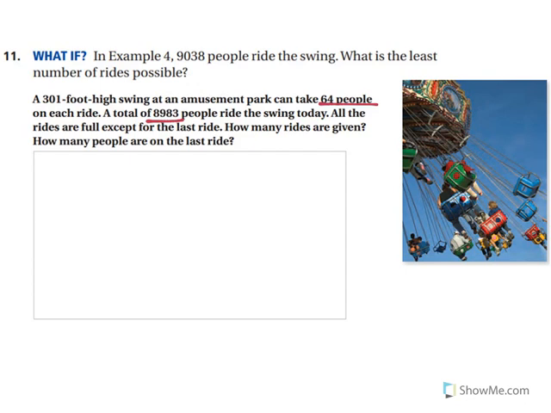So we're doing the same thing over here, except instead of using the 8,983, we're going to use 9,038. I'm going to divide it by 64.